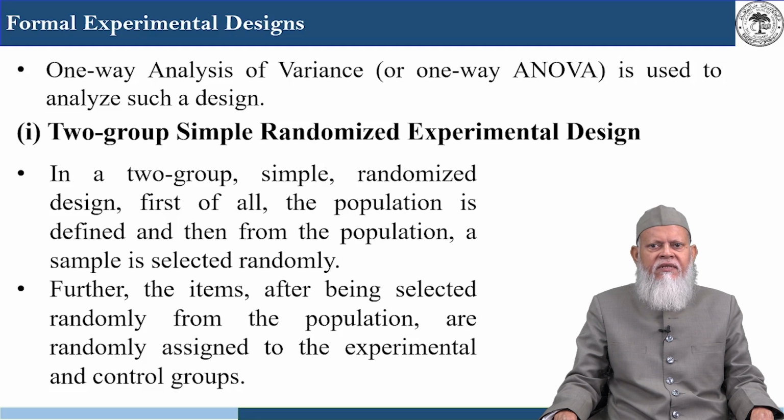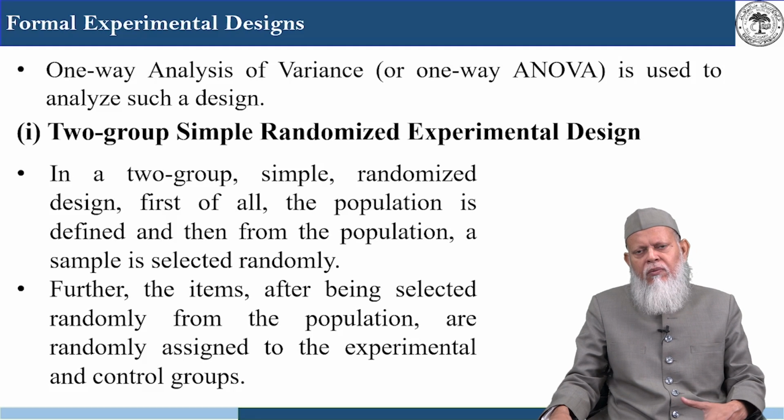So, we selected a sample. From this sample, all those members or items which have been selected in the sample would be randomly assigned to the experimental and control groups. We have made an experimental group, we have made a control group.